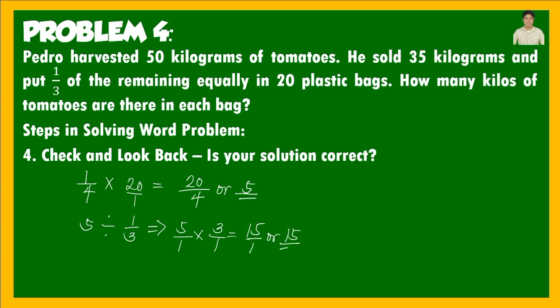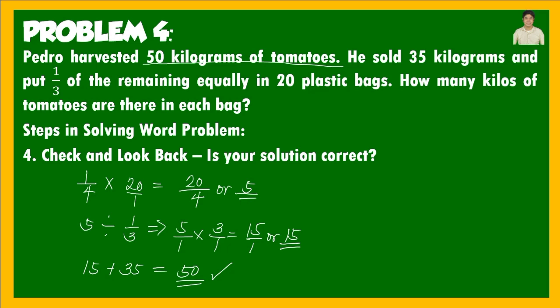So ito po yung natira. Okay, next. Yung 15 na nakuha natin is i-add natin sa 35 na nabenta. So 15 plus 35, that is 50. So ibig sabihin, at first, meron tayong 50 kilograms ng tomatoes. Yun yung na-harvest ni Pedro. Okay, so ayan. Kitang-kita naman na nakuha po natin yan.